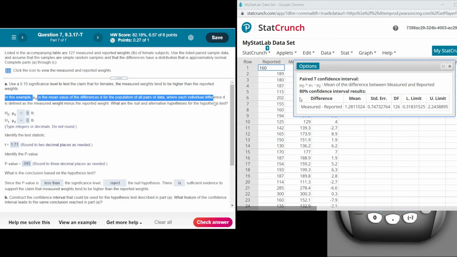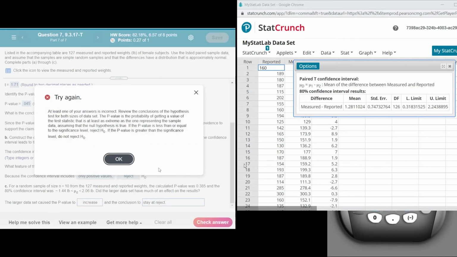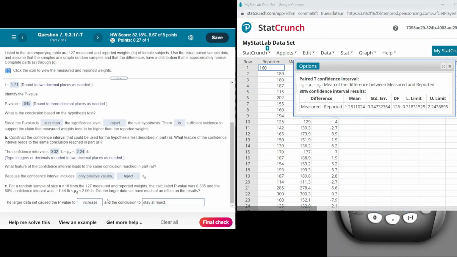Give me 1 second here. It's just to get one wrong after we're on such a nice little roll. Stay reject. Review the conclusions of the blah, blah, blah, value. Yeah, I know that. I think something's wrong here. Something's going on. The p-value. They can't be talking about the p-value. Oh, wait, no. Calculated p-value is 0.385.